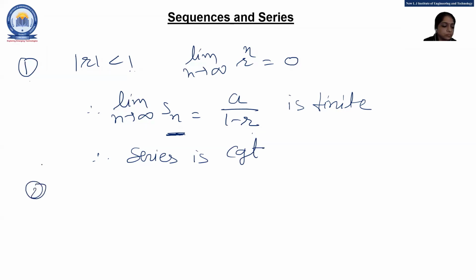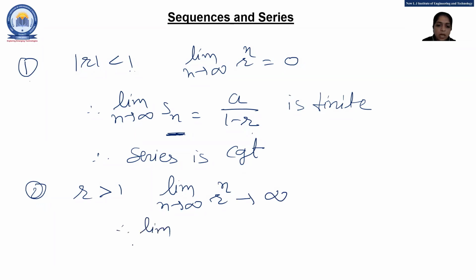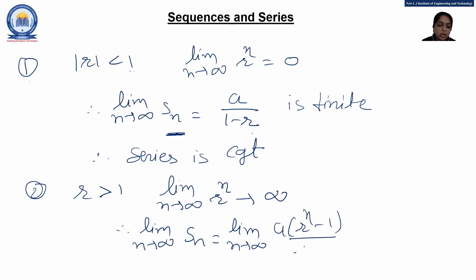Number 2, if R is greater than 1, at that time limit n tends to infinity, R raised to n tends to infinity. It means limit n tends to infinity, Sn, that is limit n tends to infinity, a(R raised to n minus 1) upon R minus 1, also tends to infinity.